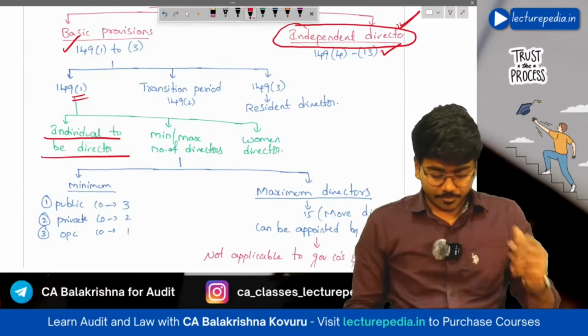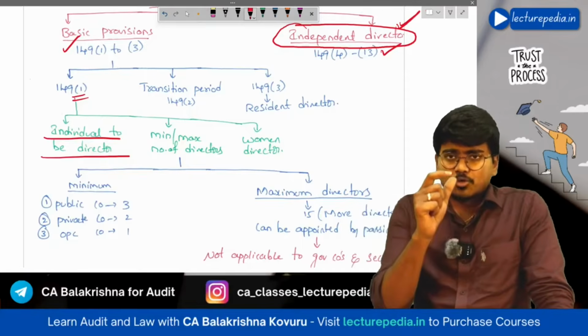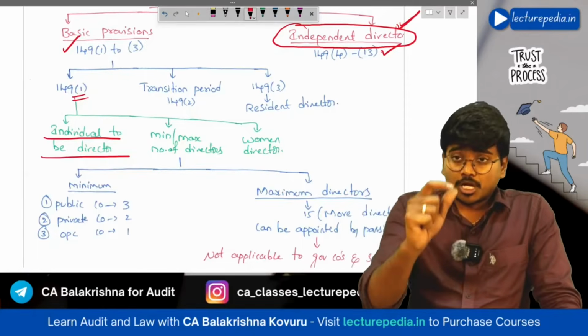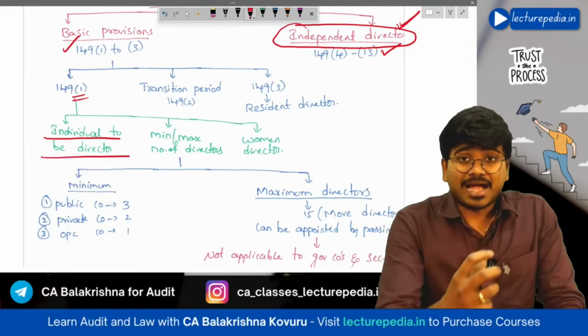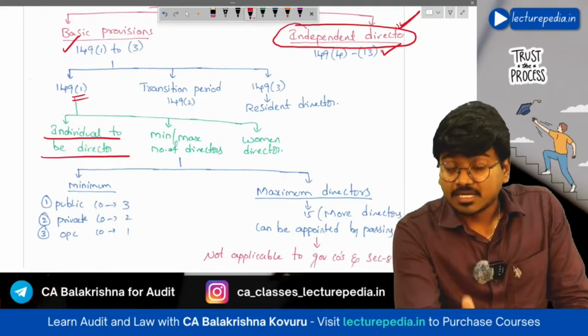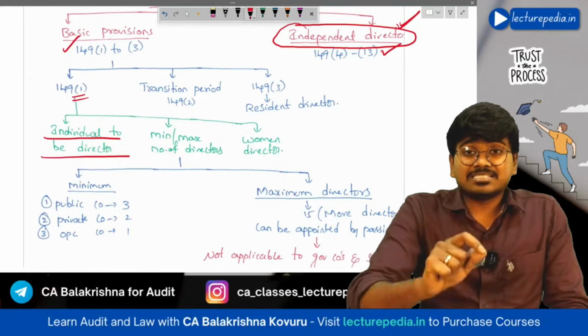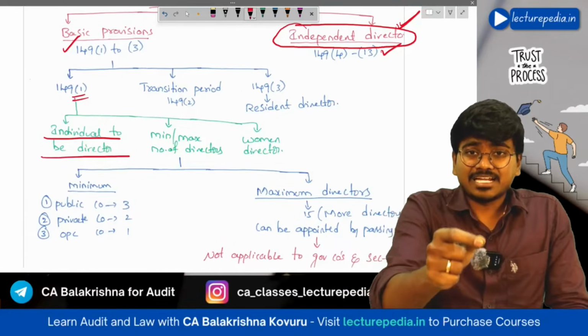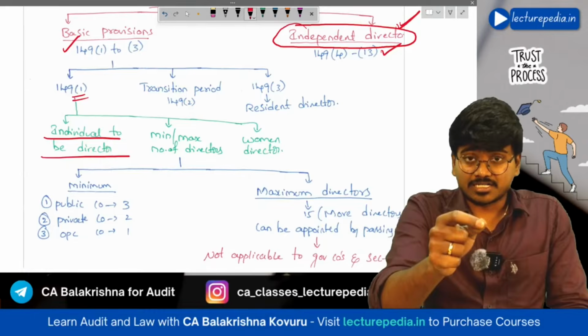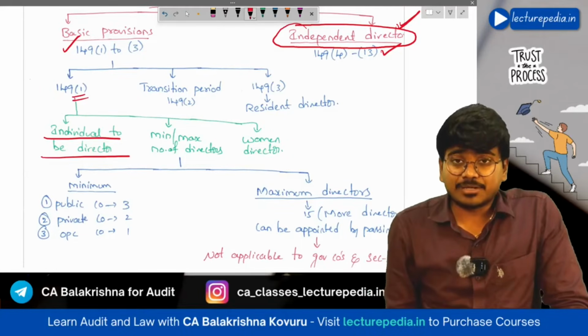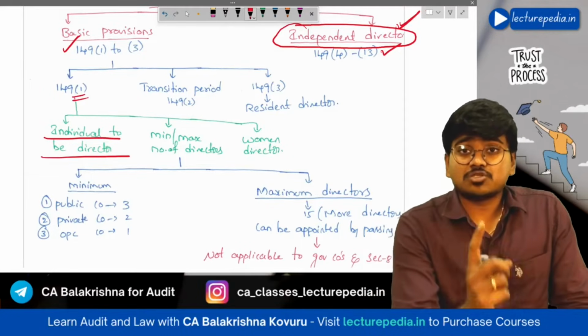Why are you appointing a director? You are appointing a director to manage the business of the company. That means decisions will be taken by the director, day to day decisions to conduct the business of the company.